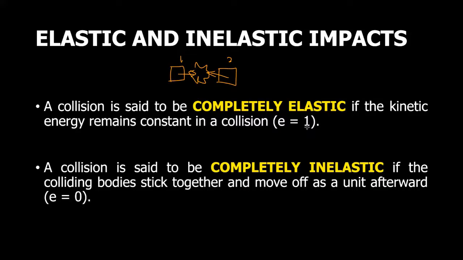On the other hand, a collision is said to be completely inelastic if the colliding bodies stick together and move off as a unit afterwards. So suppose you again have object 1 and object 2.